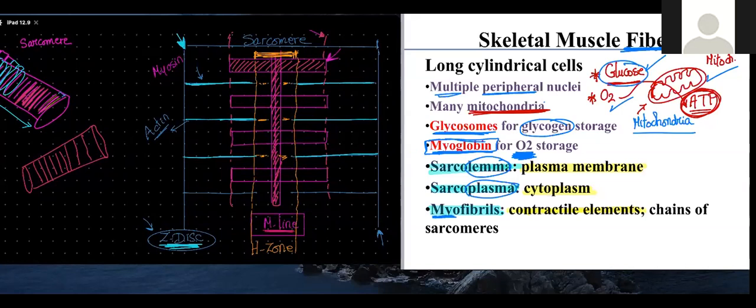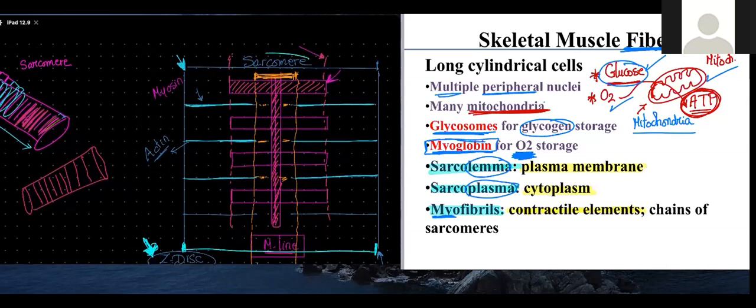Thin filaments are attached to one another by the Z disc. Simply speaking, what is the sarcomere? This is the distance between two successive Z discs. All this is what we consider the sarcomere, which is the contractile unit of my skeletal muscle fiber.